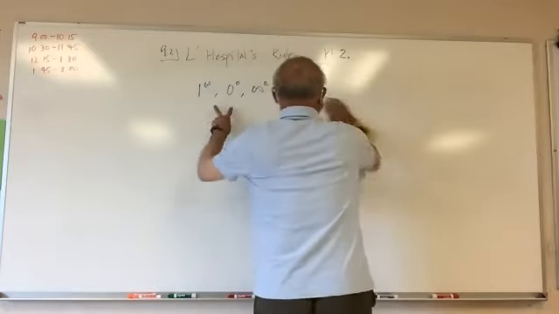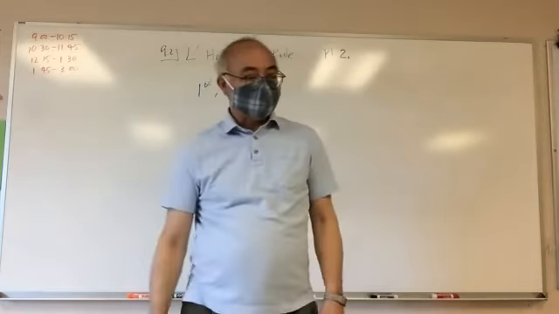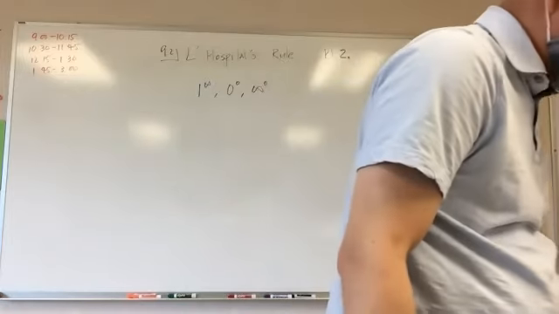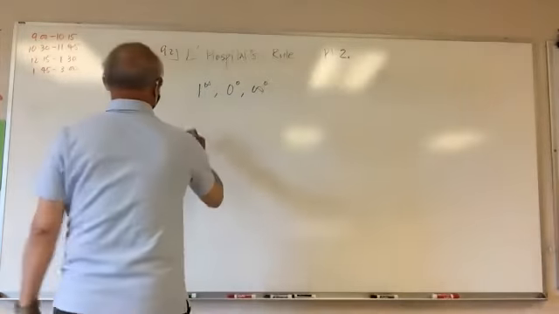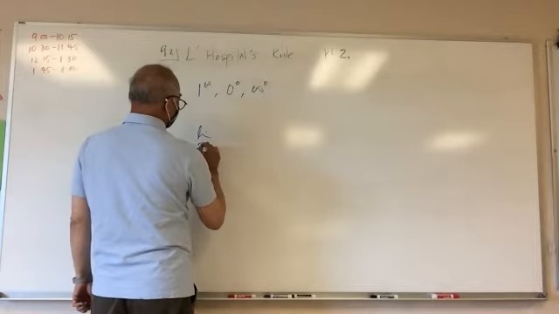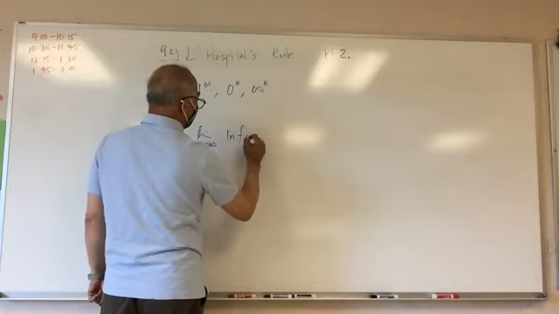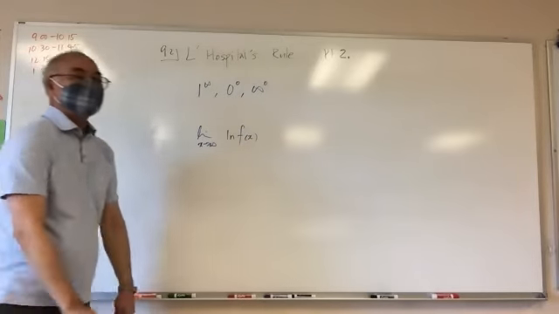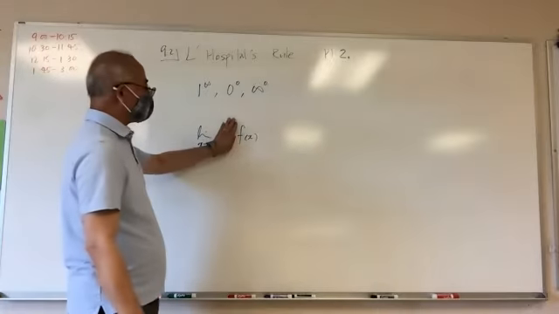Okay, so when you have something like this, basically, as the green says, you're going to try to find the limit of, let's say this is going to 0, the natural log of the function. Because what you're really trying to find out is this.